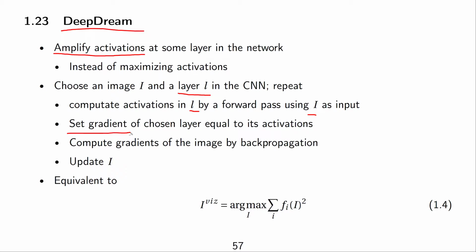So what we do is we set the gradient of the chosen layer equal to the activations. So when the activation is very large, the gradient will be very large. If it's very small, it will be very small. And then we compute the gradients for lower levels by simple backpropagation.